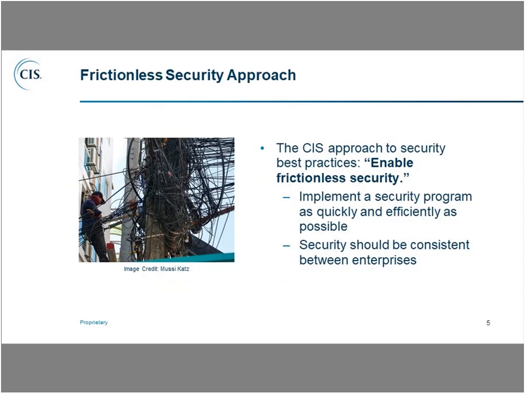So in discussing our vision and mission, CIS's approach to security best practices can be expressed as the ability to enable frictionless security. So what does that mean to you? It means that CIS wants enterprises to be able to implement their security program as quickly and efficiently as possible. We want this to happen within an enterprise across all organizations. For CIS, this efficient, frictionless security is implied.